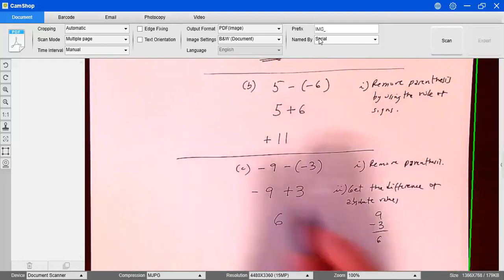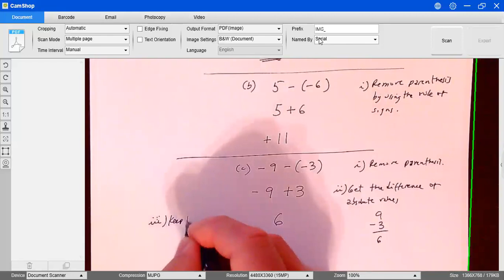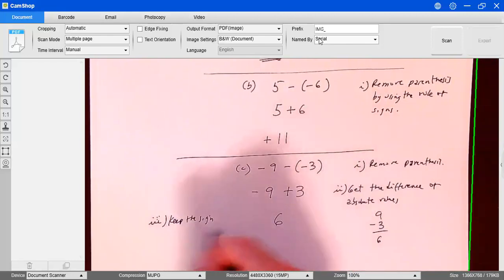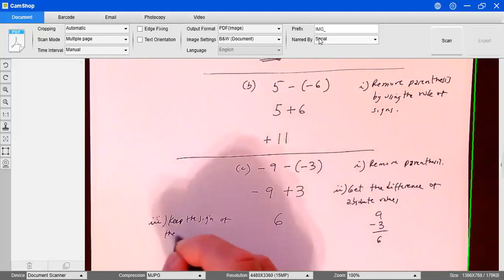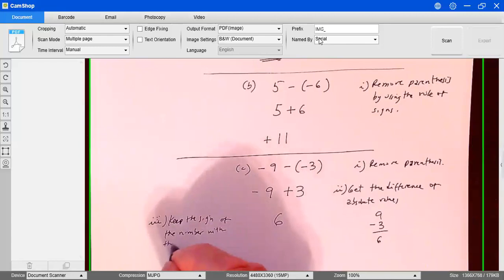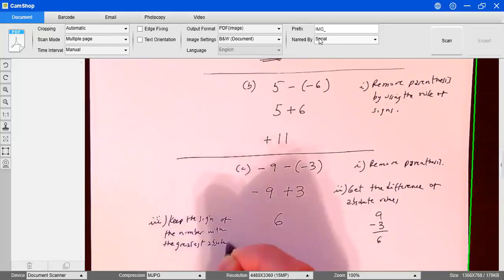But now you need to keep the sign of the number with the greatest absolute value. I'm going to write this many times for you to memorize this. So this is very important.